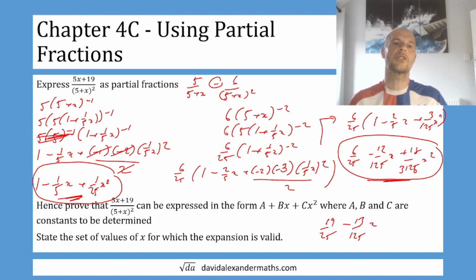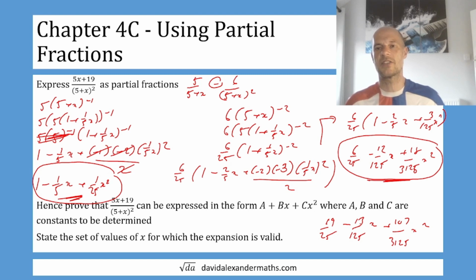And finally, 1 over 25 x squared, take away 18 over 3125 x squared is plus 107 over 3125 x squared. So a is 19 over 25, b is actually minus, not plus, but that often happens, minus 13 over 125, and c is 107 over 3125.